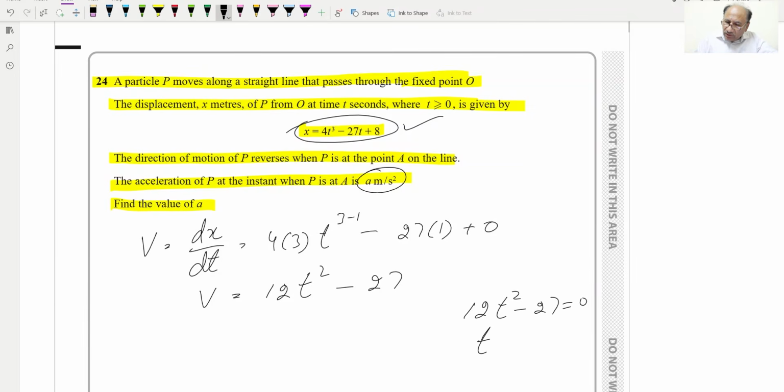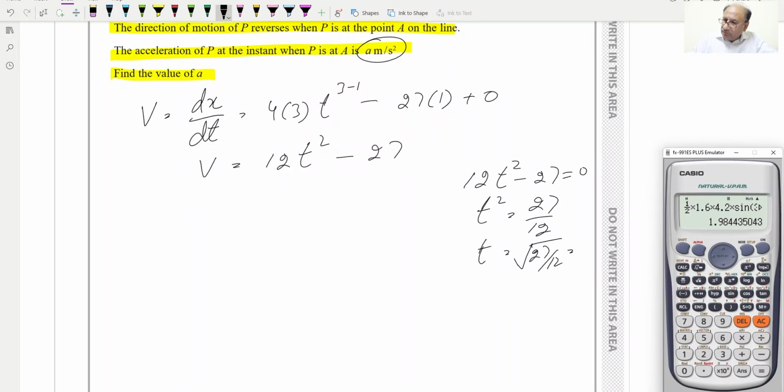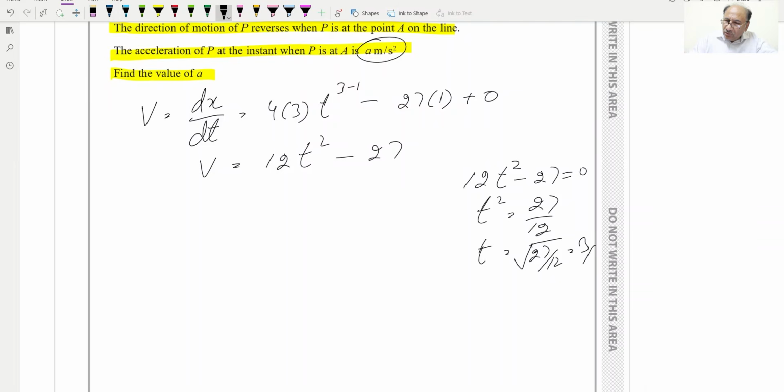So now we can find t squared is equal to 27 over 12, and t will be equal to the square root of 27 over 12, which is equal to 3 by 2, or 1.5.